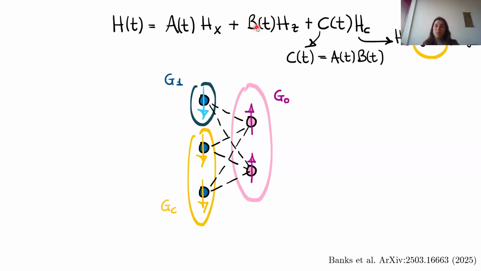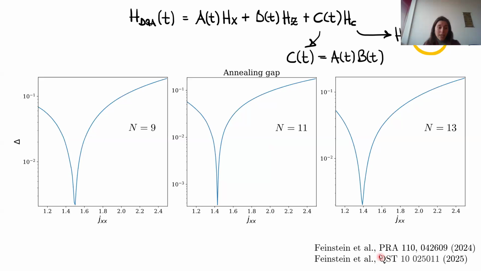In order to have a suitable correction in this annealing protocol, in order to exploit the diabatic transitions, we have to finely tune the value of JXX. Furthermore, if you're curious about how to implement this physically, there is a very recent paper by Banks et al. that shows how to do it. What we can see is that the gap is extremely sensitive to the value of JXX that we choose.